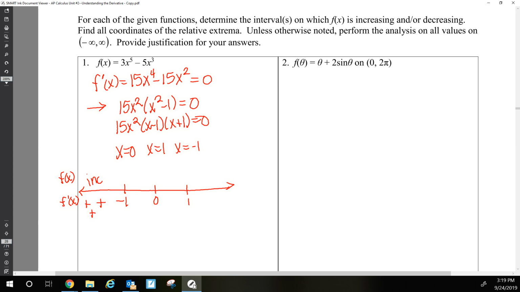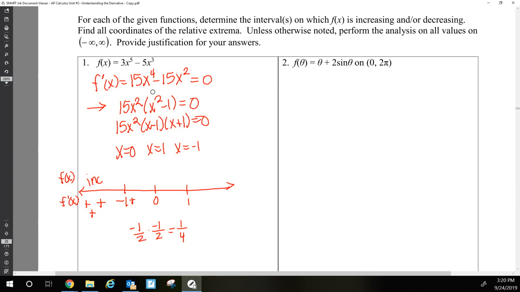What's happening between 0 and negative 1? What's a number in between 0 and negative 1? This is where it gets kind of tricky. I'm going to test negative 1/2. Well, I know a negative times a negative here is going to be positive, times 15, that's going to be positive. This is the part where I really have to think. Negative 1/2 times negative 1/2. For those of you that are fractionally challenged, that would be positive 1 over 4.